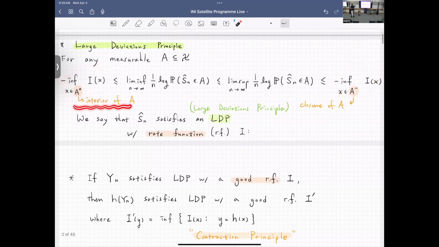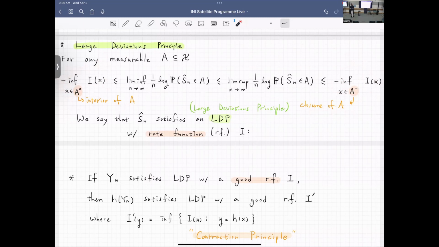They are tight if the infimum over the closure and interior coincide. Because of this, the large deviations principle is inherently topological.